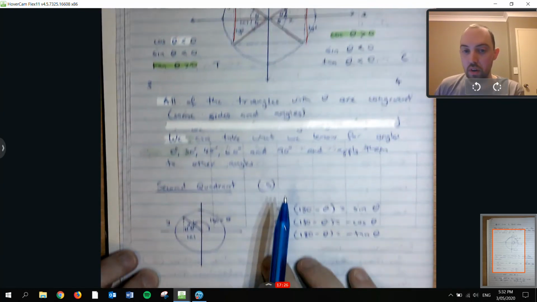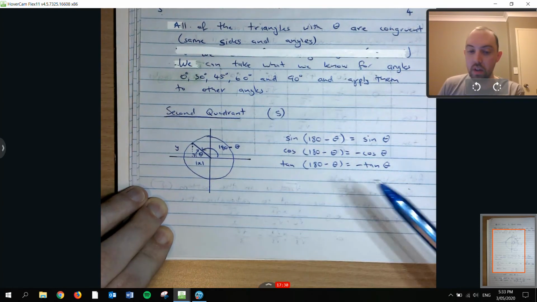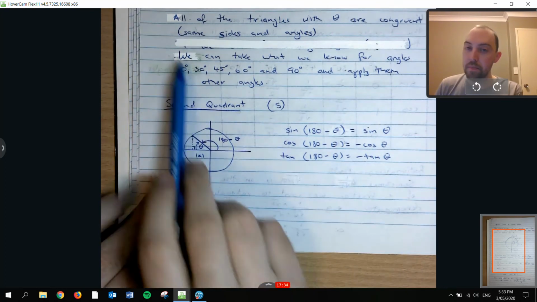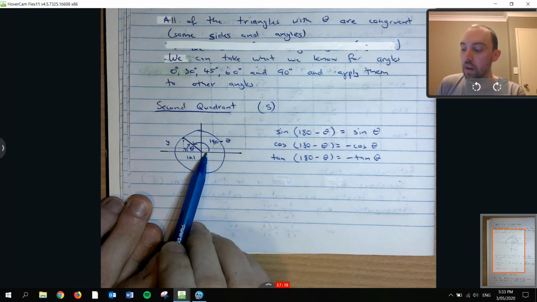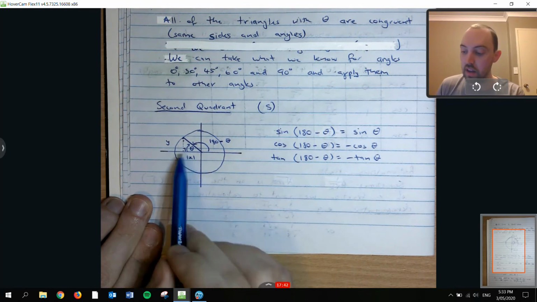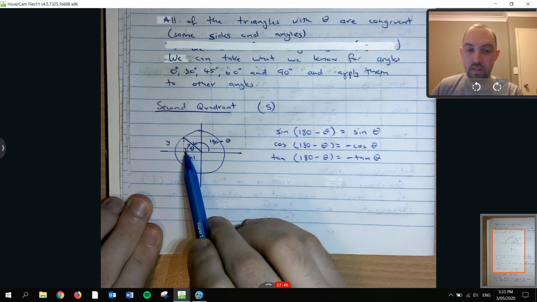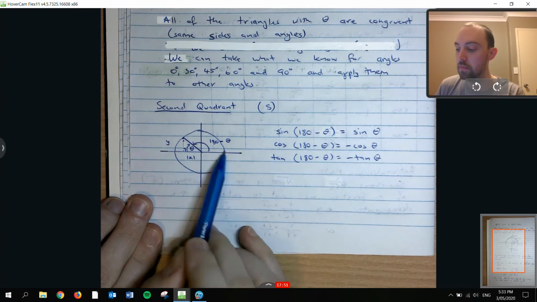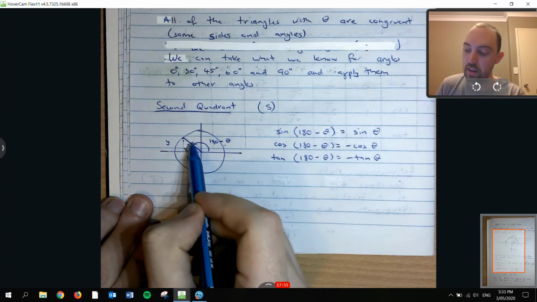We're going to talk a little bit further about your quadrants. Second quadrant: if you can imagine that the line we're talking about is this here, it is theta degrees above that x-axis on the negative side, or, 180 being the x-axis, a straight line, 180 take theta gets you to the same place.